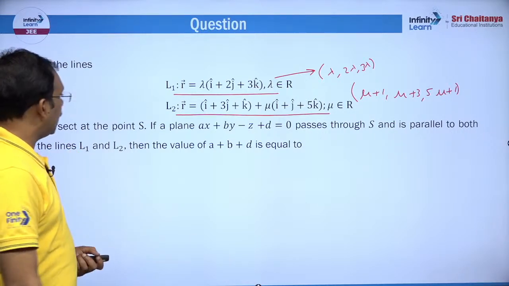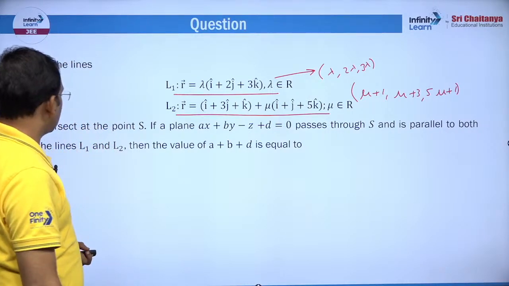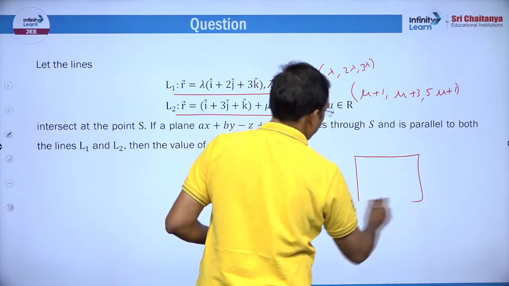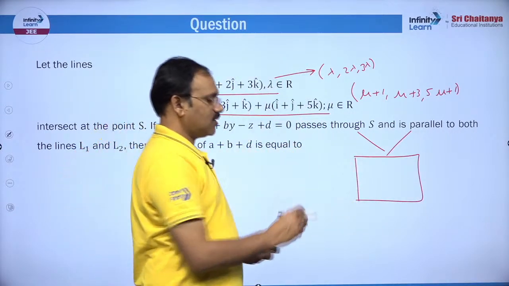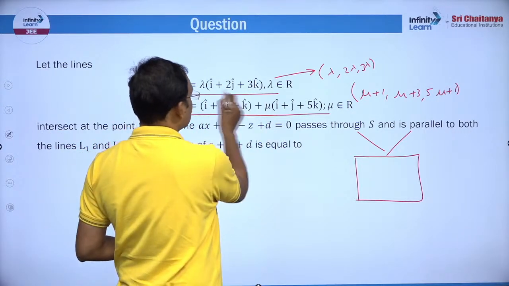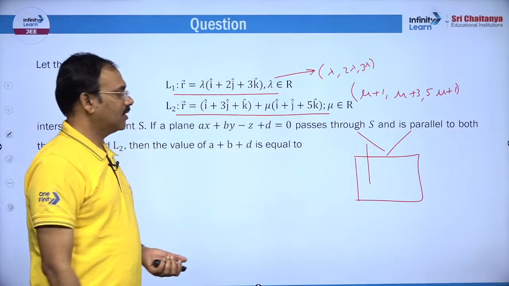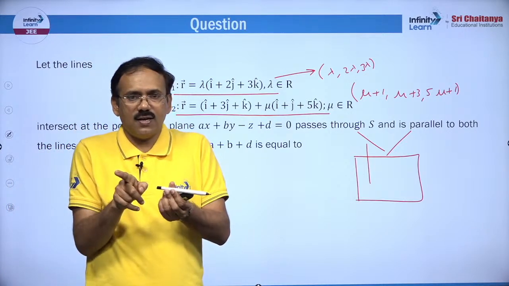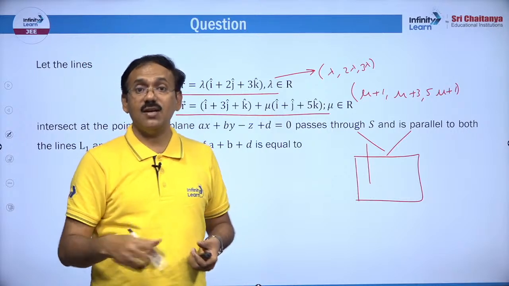Okay. Now, this plane passes through S and is parallel to both the lines L1 and L2. Suppose, friends, there is a plane and two lines; parallel to L1 and L2 means their DRs' cross product will give you the normal of this plane. Because you see, the floor is a plane, here is one line, here is a second line; you just take their cross product, which will be perpendicular to the plane, which gives the DRs of the normal.